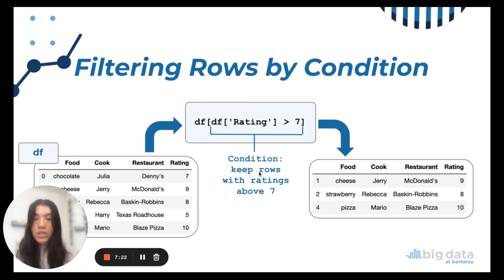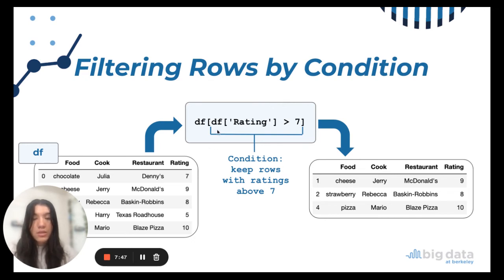So our condition is to keep rows with ratings above 7. We pass this in as an argument to our brackets, and our data frame successfully filters the rows that fulfill this condition. In our original data frame, we have rows that are 7, 9, 8, 5, and 10. We only want the ones greater than 7, so that's 9, 8, and 10.